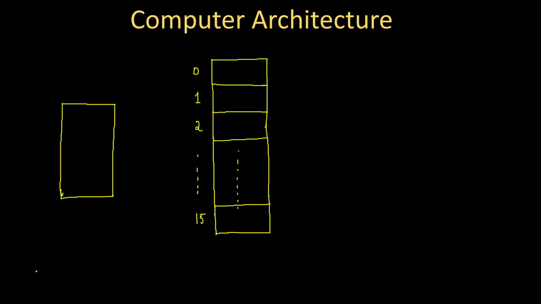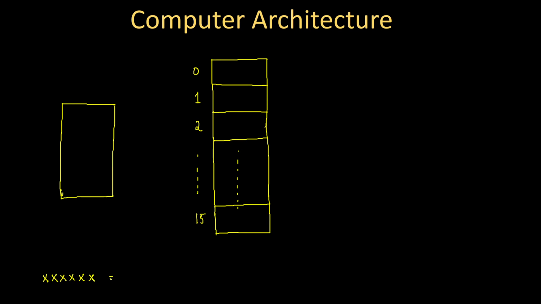Using these 6 bits, how many memory locations can I map?